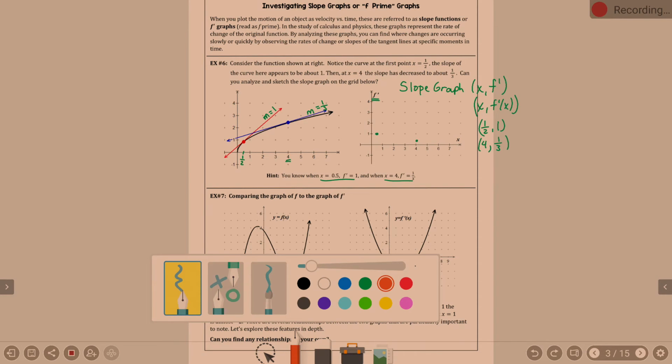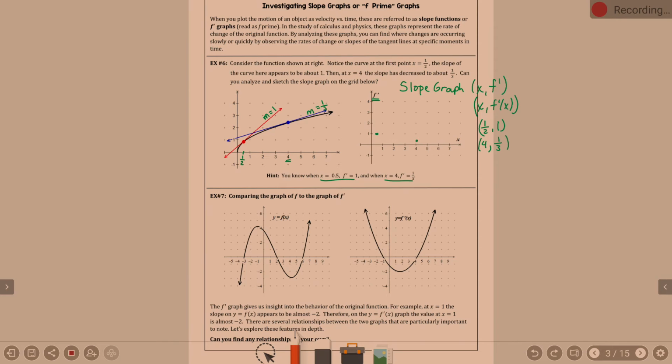It's going to be half of the reciprocal function. That's not the best drawing I can do, but the idea is that it's going to keep going, showing how the slope is decreasing there.